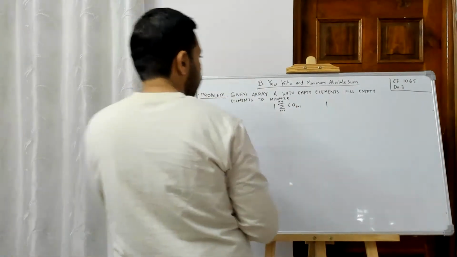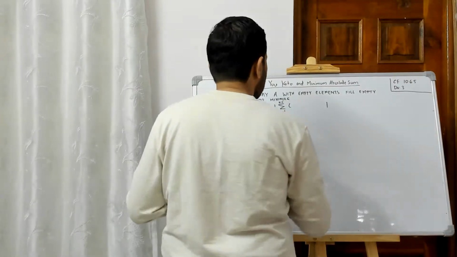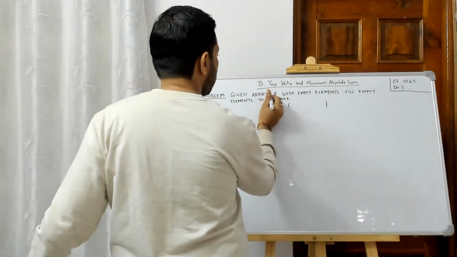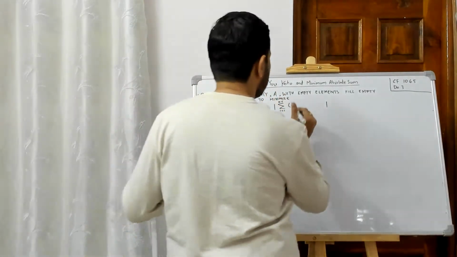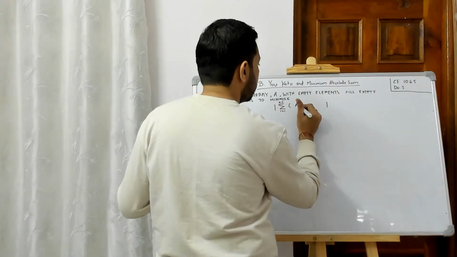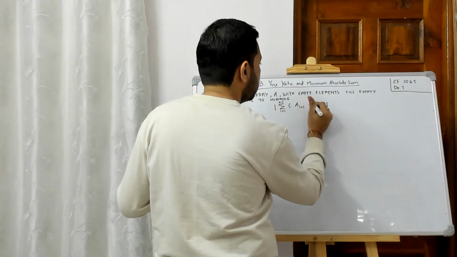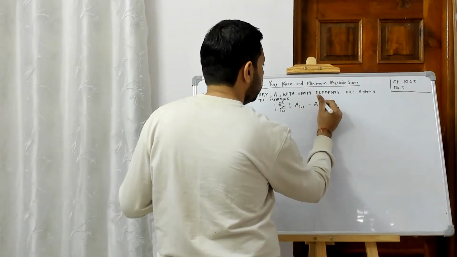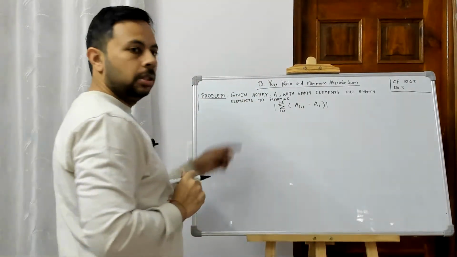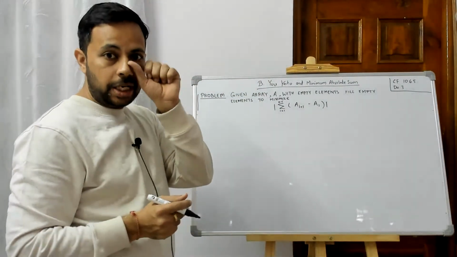Just give me 1 second, let me rub this. Given an array A with empty values, minimize a(i+1) minus a(i). That's the question in one line.